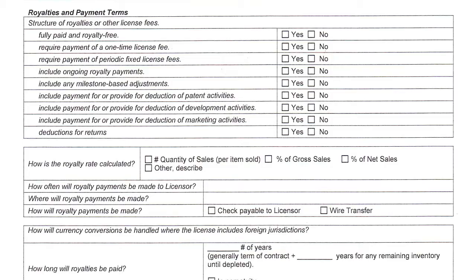So also think about returns. How many of you ever returned something to a store that you didn't like? Probably everybody. Somebody's paying for that. Let's just hope it's not you as the licensor, okay? So you want to think about how they're selling the product. If they're selling it in big truckload pallets to distributors, are they selling it in small box shipments to retail stores? What's the timeline for return?